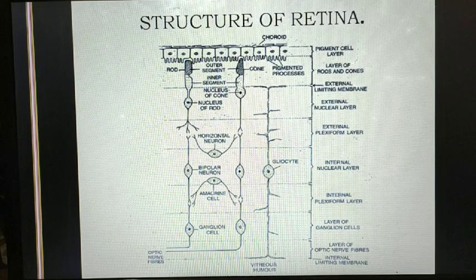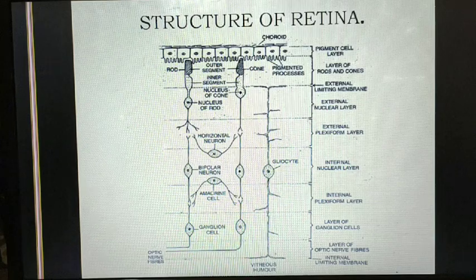When all the cones are stimulated equally, a sensation of white color is produced. The protein present in the cone cells is known as photopsin, which is different from scotopsin present in rod cells.